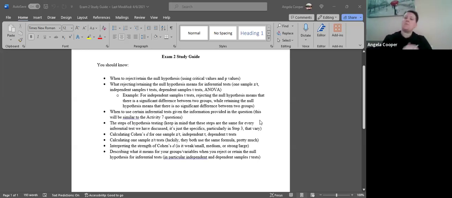Now, when it comes to p-values and deciding whether to reject the null, I like to think of it like a limbo bar. Instead of comparing our test statistic to our critical values, which is one way that we can decide what we're doing with the null, the other way is taking our p-value and comparing it to alpha.